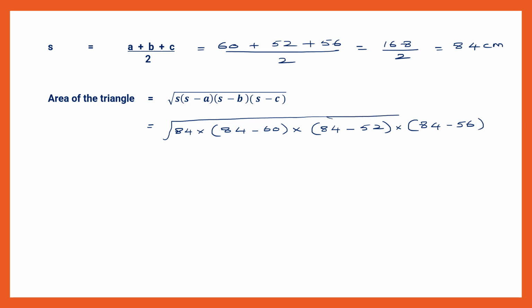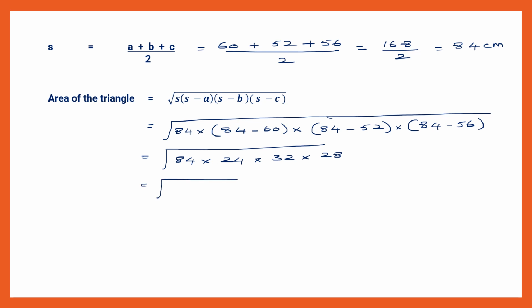So now we have to work this out. So this will be 84 into 84 minus 60 is 24, into 84 minus 52 is 32, into 84 minus 56 is 28. Now here we have to be careful. We have to find the prime factors of all these numbers, that is 84, 24, 32 and 28.